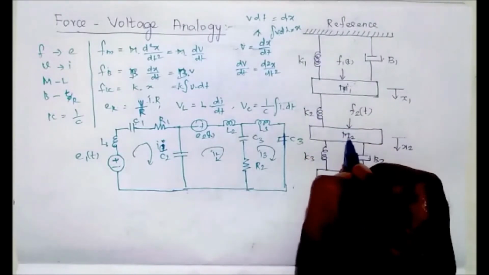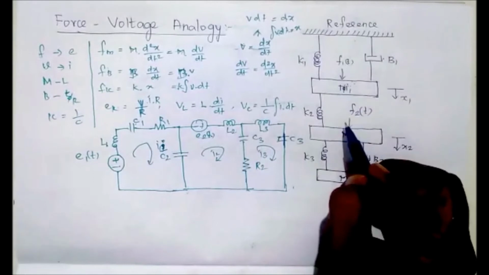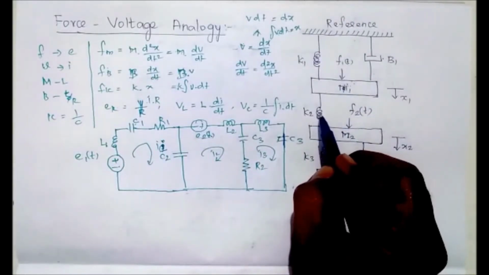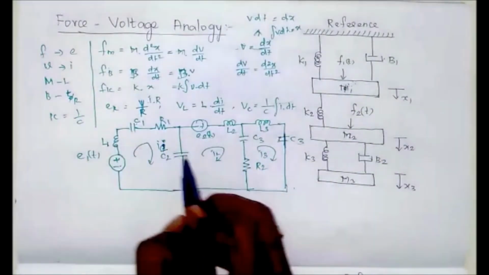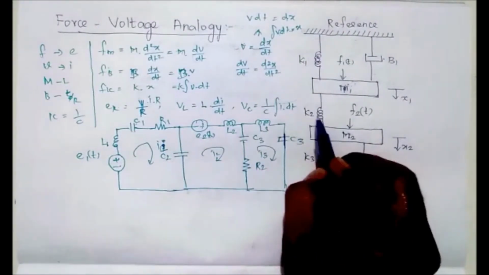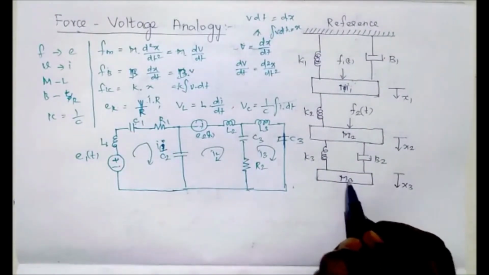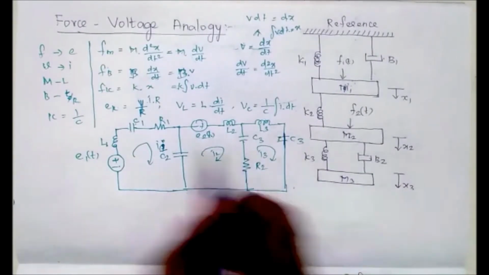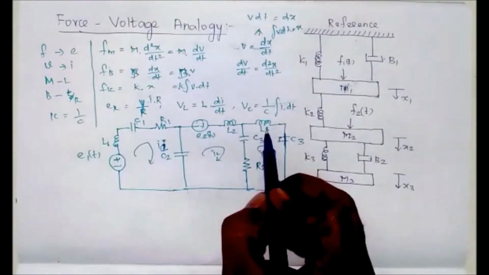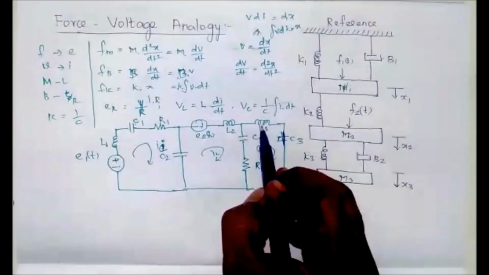For loop 3, there is only one element, that is mass M3, whose equivalent is inductor L3.